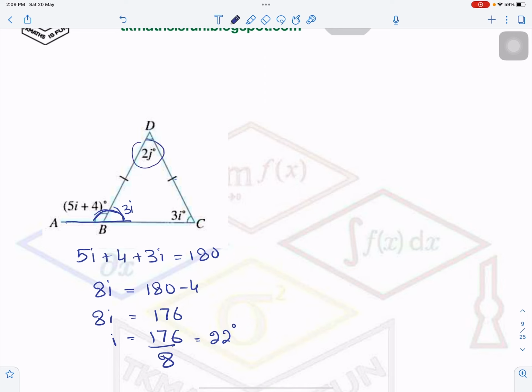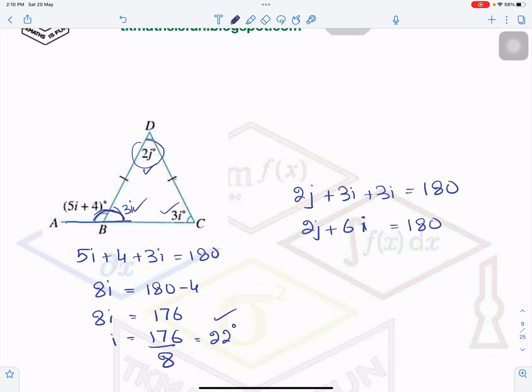And you have to find j also. Which property can you use now? You know the sum of the angles in a triangle is equal to 180. So you can do 2j plus 3i plus 3i, because these three angles, if you add up, will be equal to 180. So 2j plus 6i is equal to 180. And I know i. i is what? 22.